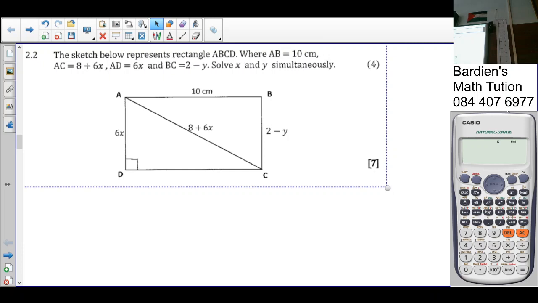So in the sketch below, the angle ABCD, where AB is equal to 10, AC is equal to 6x plus 8, AD is 6x, BC is 2 minus y. Solve for x and y simultaneously.